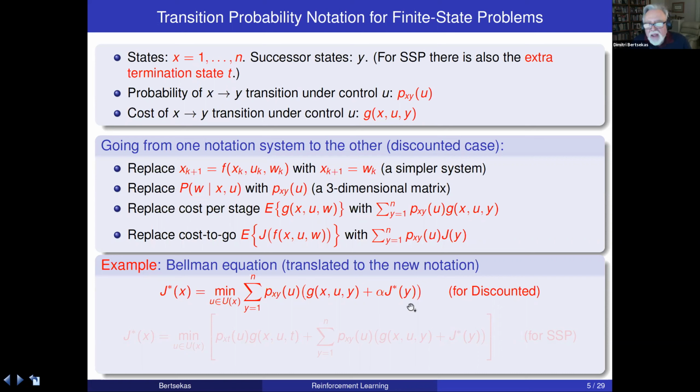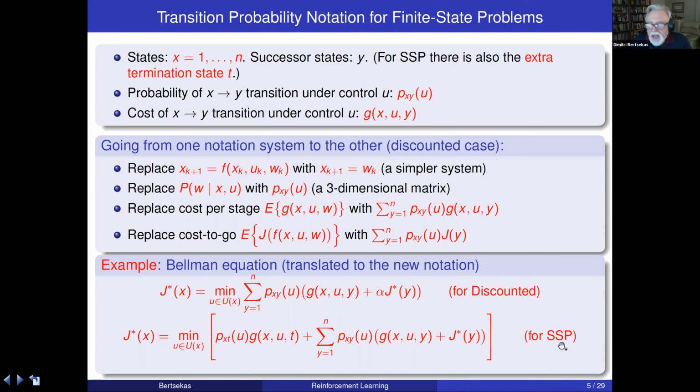So these are n equations with n unknowns, the values J star of 1, J star of 2, up to J star of n. And look at this expression here. It involves minimization of the first stage cost plus the discounted optimal cost-to-go from the next state y. Okay. So we're going to be looking at this expression a lot. This is Bellman's equation for discounted problems.